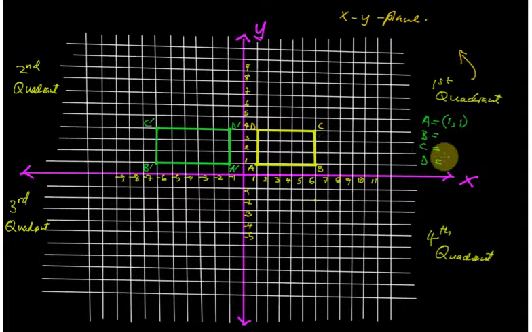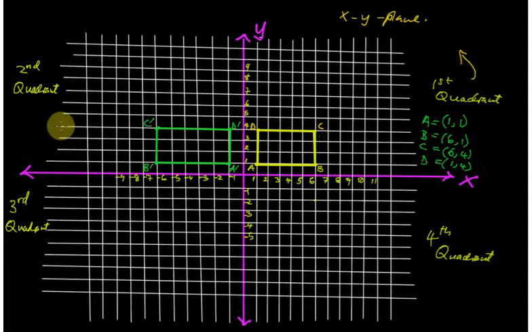It was given as 1, 1, and B now went to 6, 1, while C is 6, 4, and D is 1, 4. So this is 1, 1, x is 1 and y is 1; B, x is 6 and y is 1; C, x is 6 and y is 4; and D, x is 1 and y is 4.